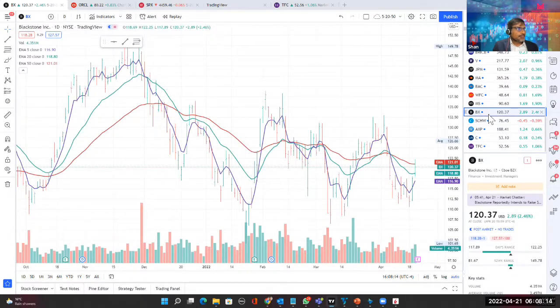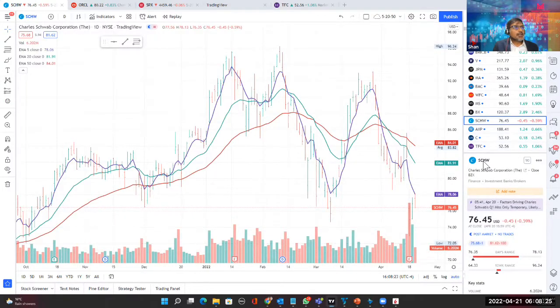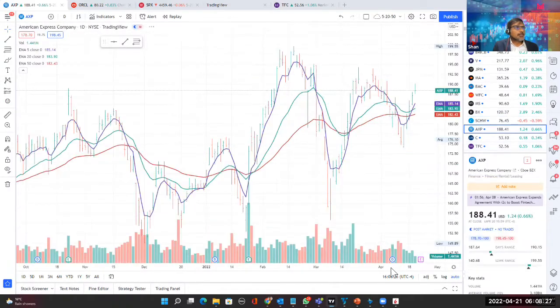Blackstone, it has been quite a ride for the last 12 months. So at this moment, I'm avoiding it. Charles Schwab, definitely it is negative. Amex, American Express, that is in the positive, and that is a bit encouraging to me. I look to take a position maybe in one of the live trading sessions, but at this moment, I'm not interested in this.